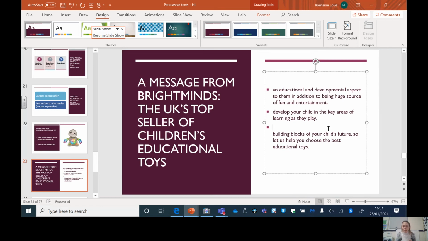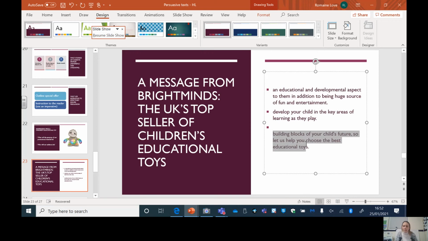There's no point this toy, whatever you decide to design, teaching your child another language if they haven't mastered English yet, for instance. And these toys are the building blocks of your child's future.